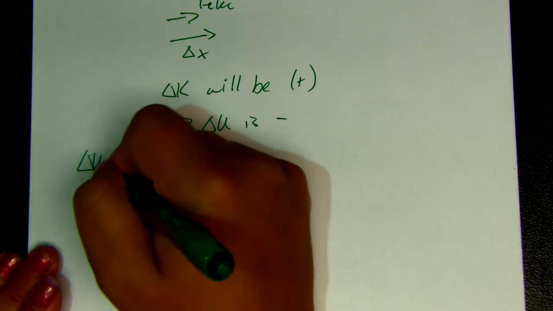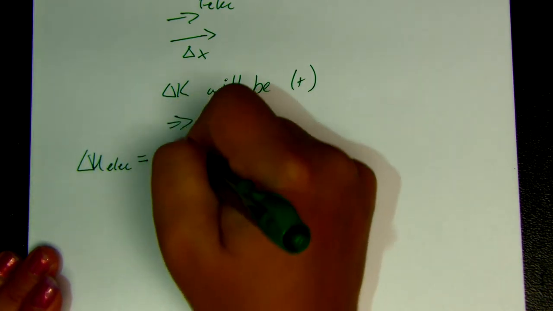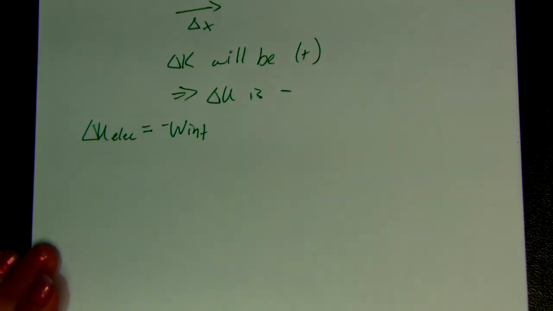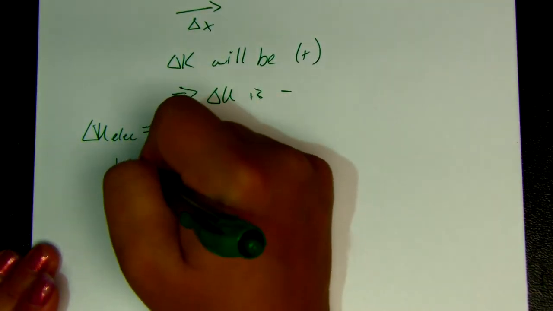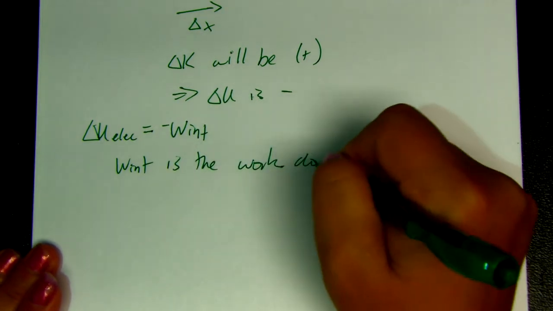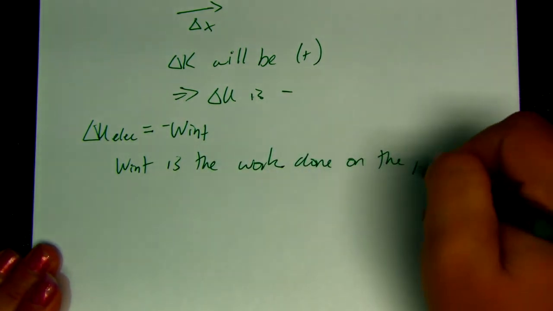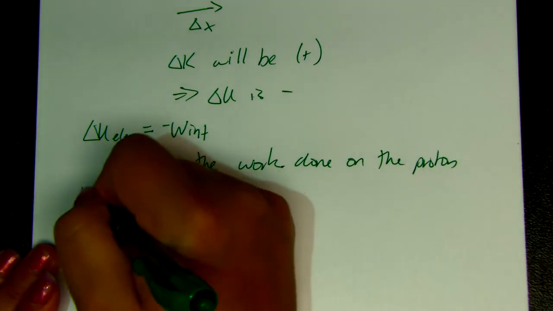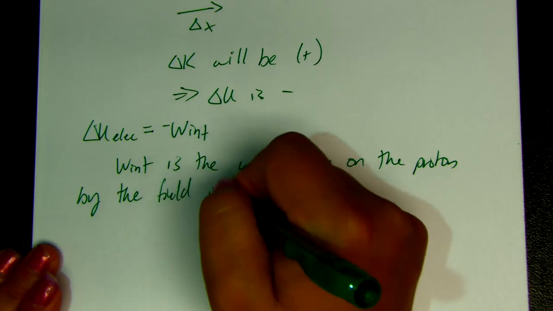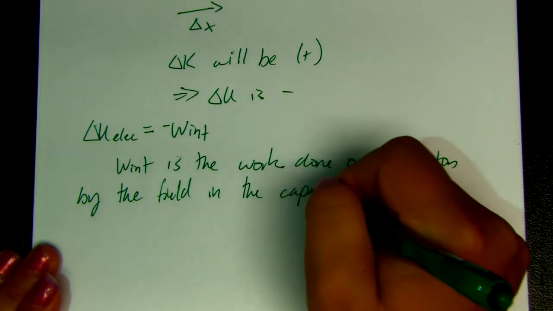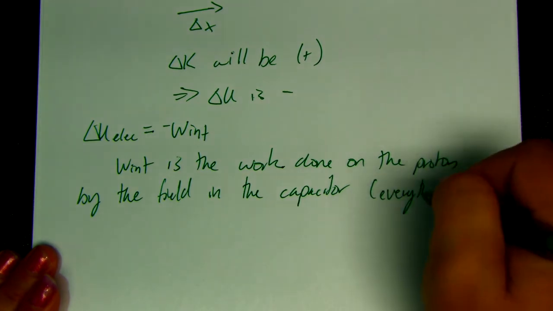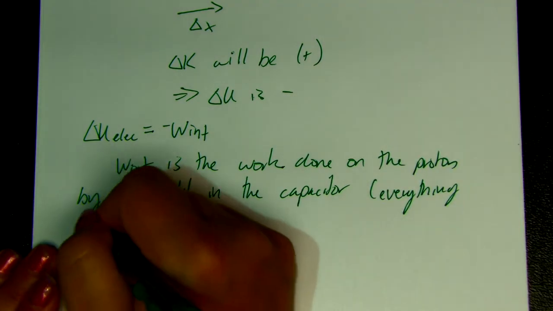So the change in potential energy electric is equal to minus, or the negative of the work internal. And work internal is the work done on the proton by the field in the capacitor. So remember, we want to look at potential energies so everything is in our system for this setup.